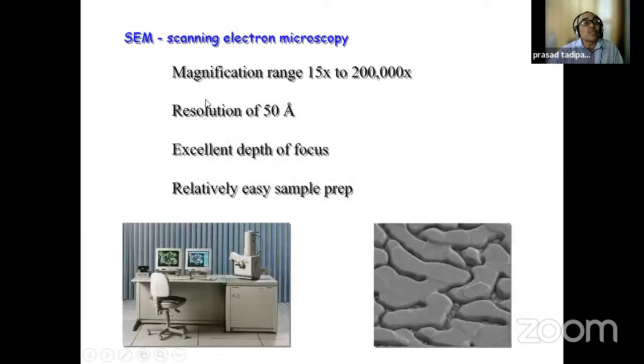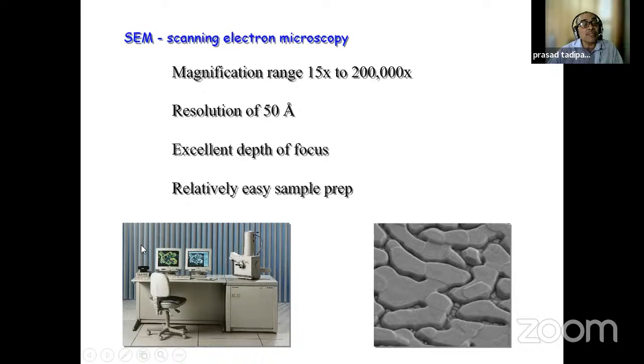The magnification is usually very high in scanning electron microscopy. The resolution is up to 50 Angstrom units, and excellent depth of focus is also possible. Relatively, we can easily prepare the sample for study.